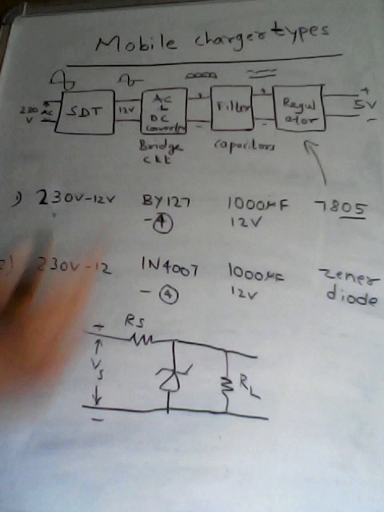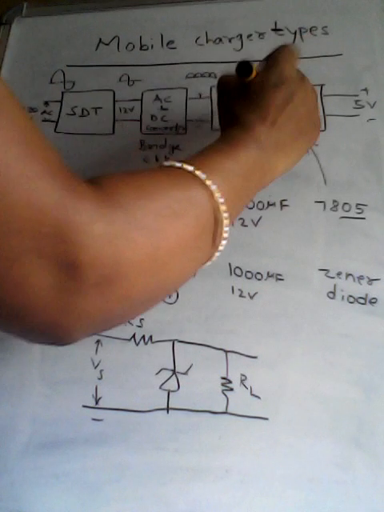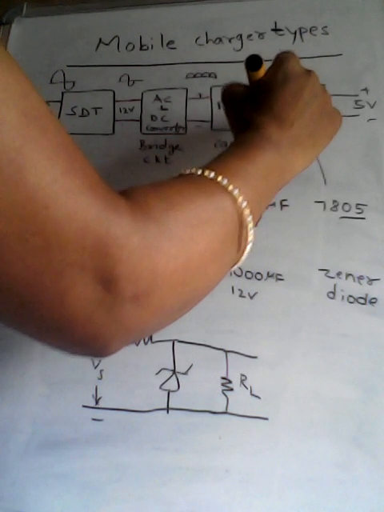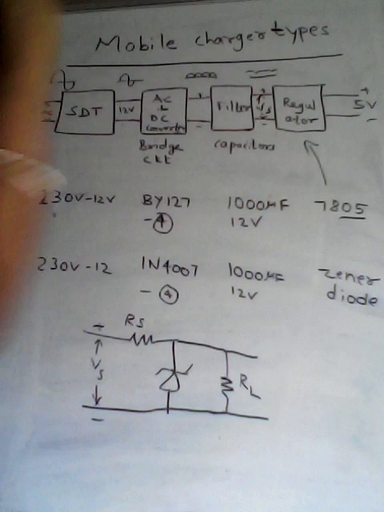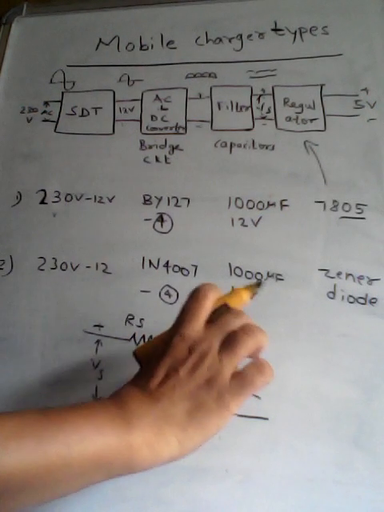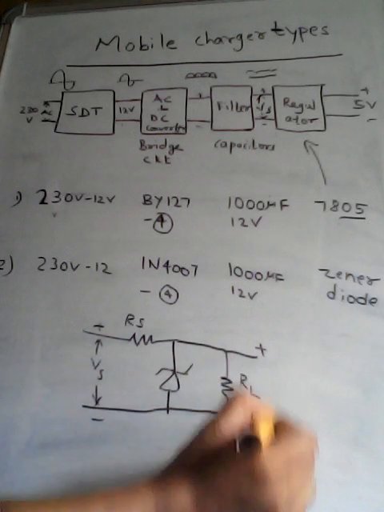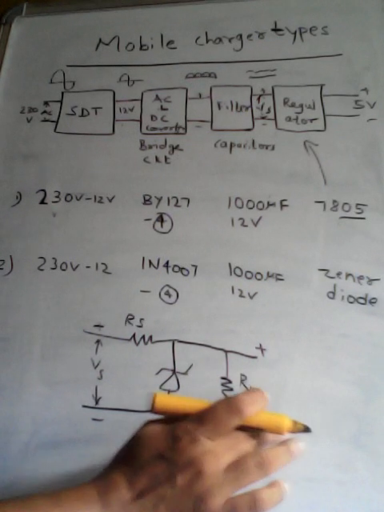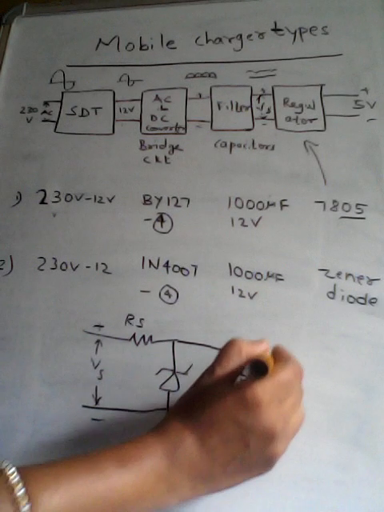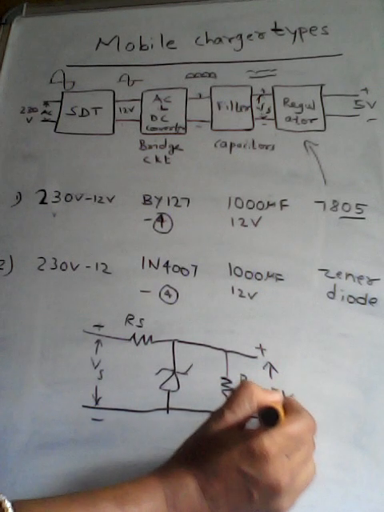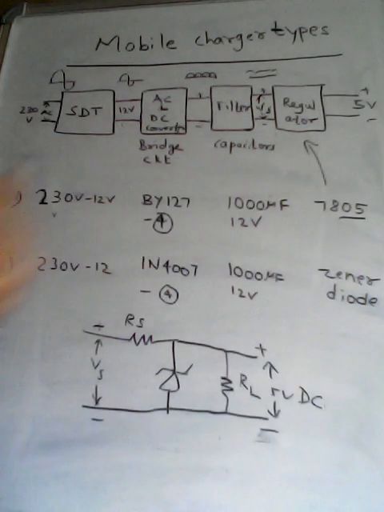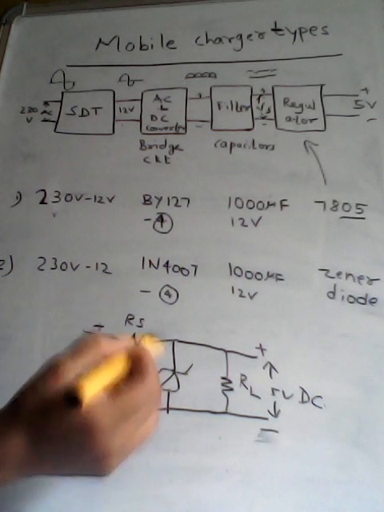So this is the supply voltage that we are getting here. We can call this as Vs as the input of the regulator, and across the load resistor we can take out the output, that is 5 volt DC, and this is how we have to connect the components.